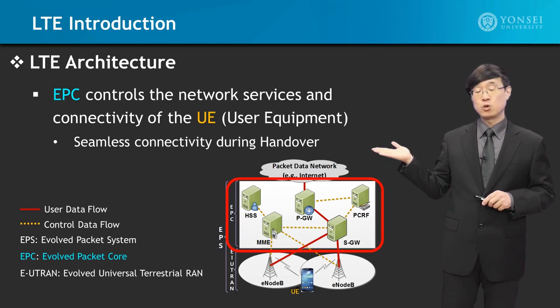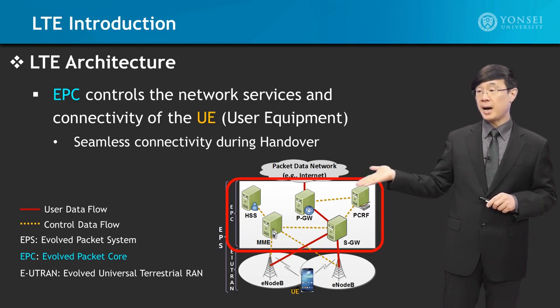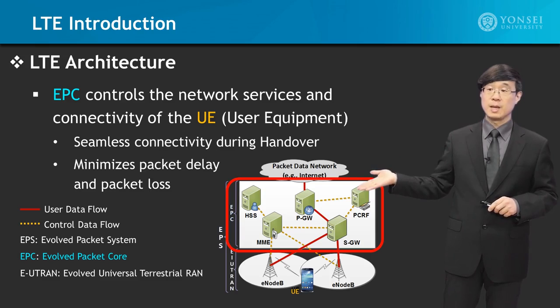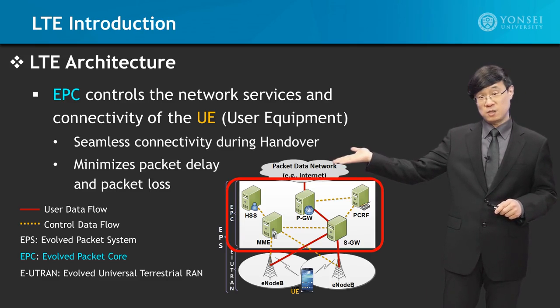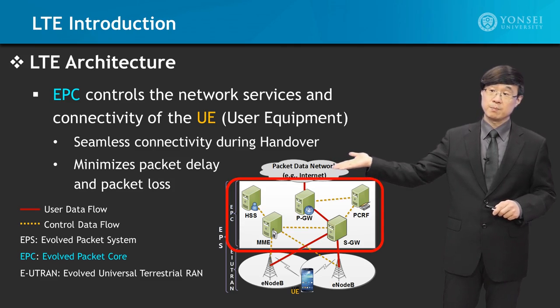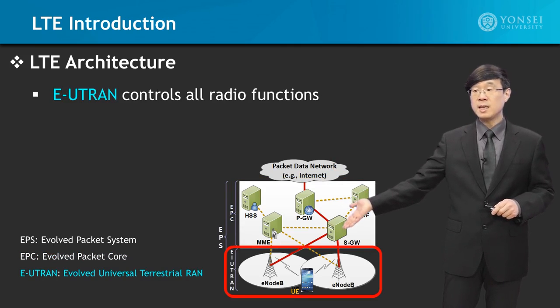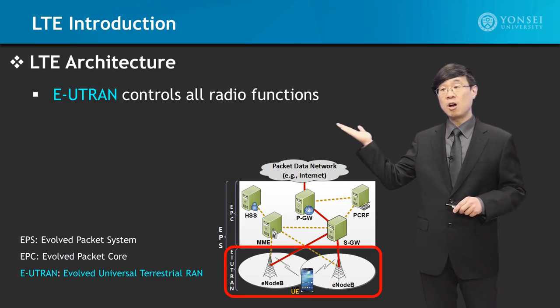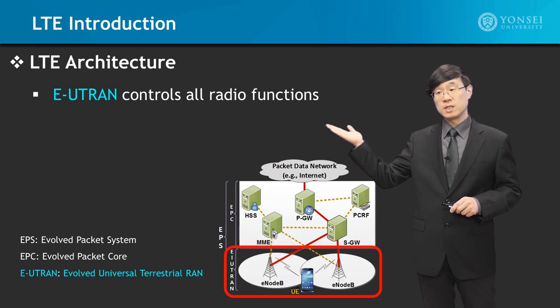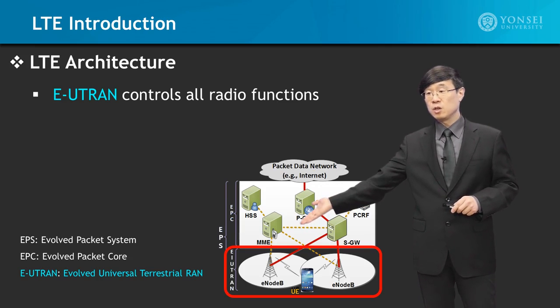Seamless connectivity during handover is supported by the EPC. In addition, the EPC is focused to minimize the packet delay and packet loss. Going a little bit lower is the unit which is called the EUTRAN, which stands for the Evolved Universal Terrestrial Radio Access Network.